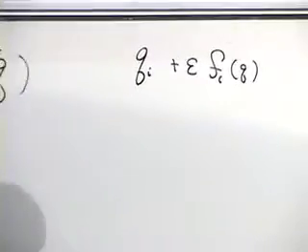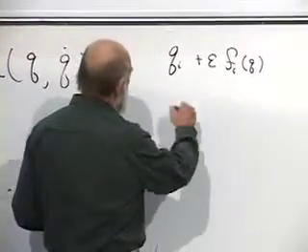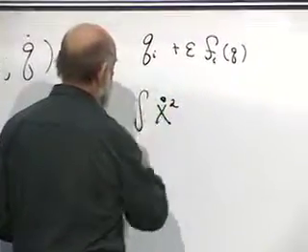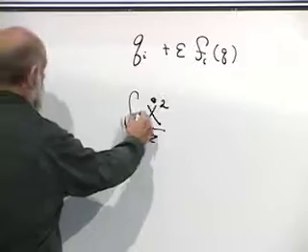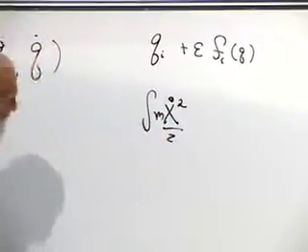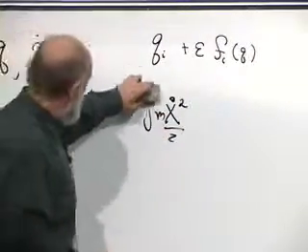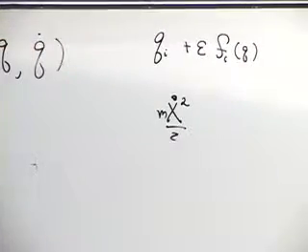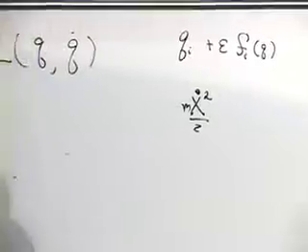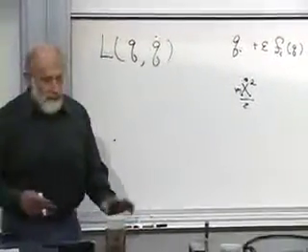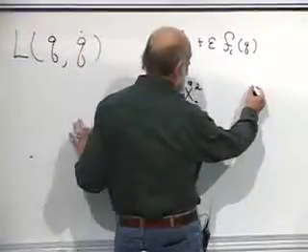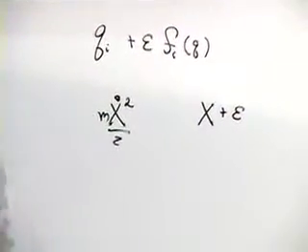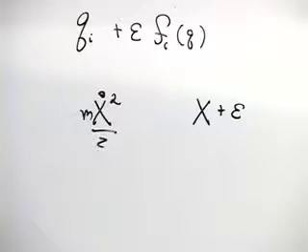Let me give you an example, or a couple of examples. Kinetic energy of a free particle, m x dot squared over 2. Forget the integral. That's the Lagrangian. Is there a transformation that I can do that won't change the Lagrangian? Yes. Just take x and add a small displacement to it. This just corresponds to displacing your system a little bit.